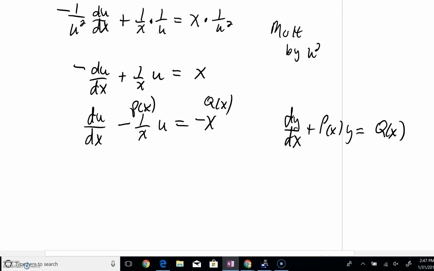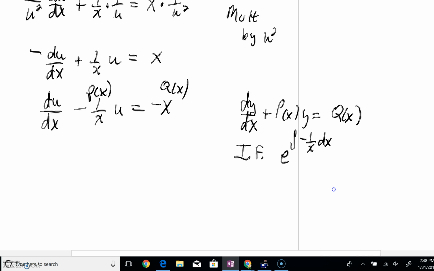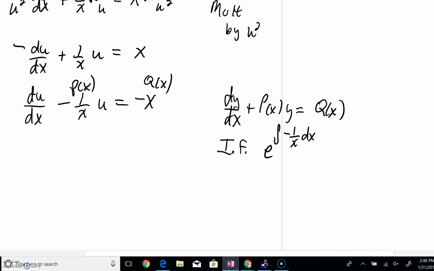And what we did, of course, is we'd always have the integrating factor of e to the integral of our p here. So I'm going to have a negative 1 over x dx. Now, I think we can see already that if we integrate, we'd have a natural log of an absolute value of x.